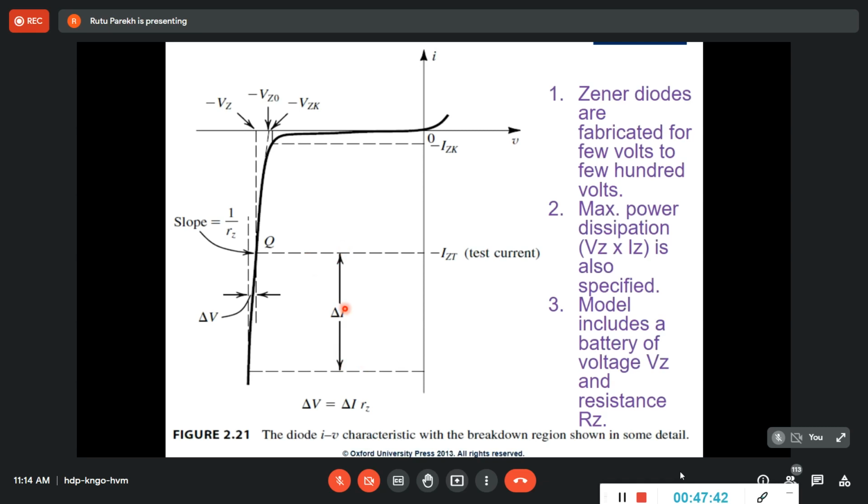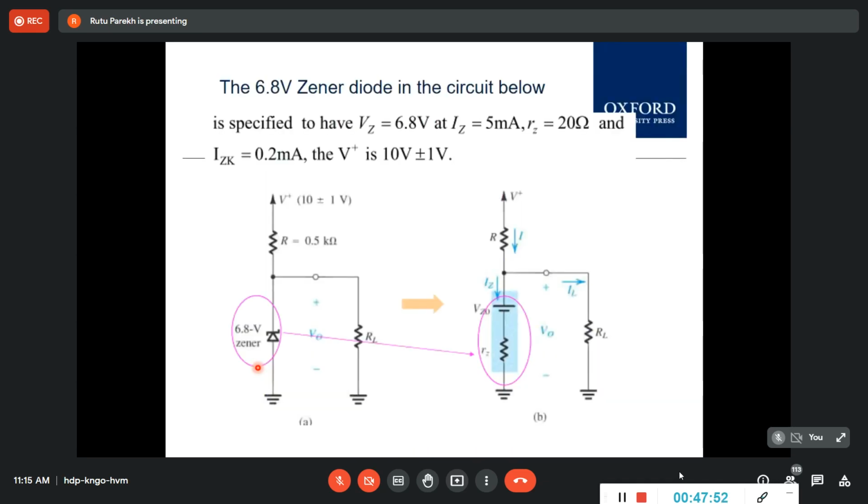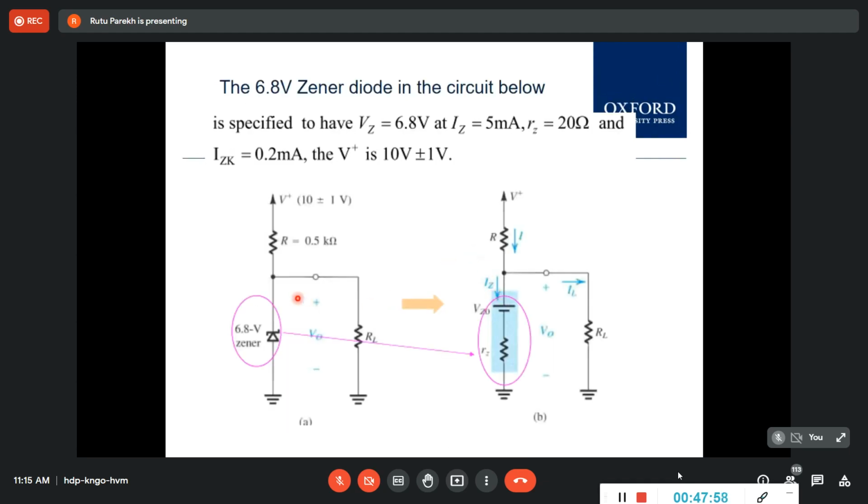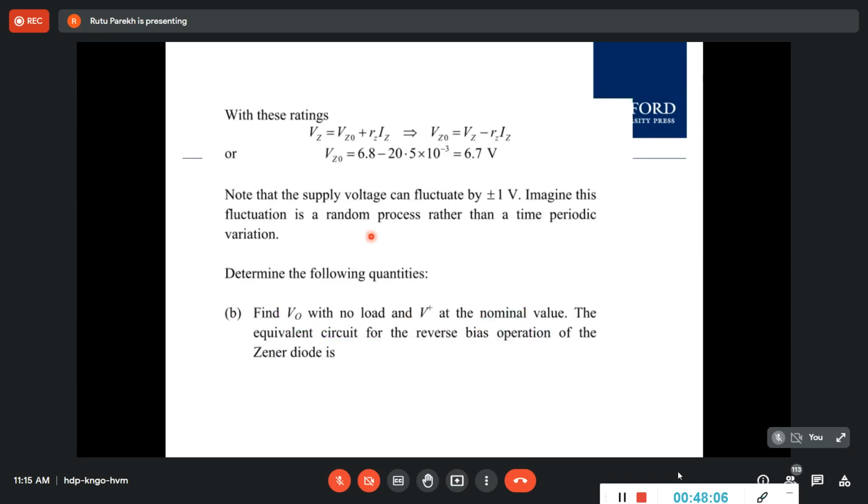This current can vary a lot, but your voltage will vary only a little. But here it is simple, nothing big deal. Again, understand this is the equivalent of this. And VZ0 you put in, RZ is given to you.